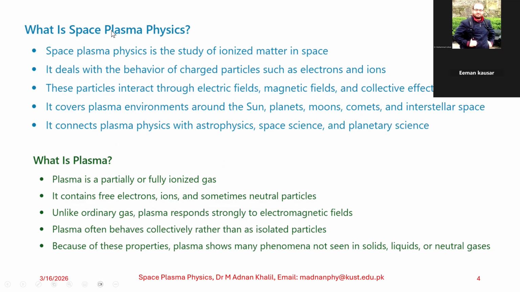Now, space plasma physics covers the plasma environment around the sun, the planets, moon, comets, and interstellar space. As I told you in the first bullet, in these areas of our space we will be talking about plasma and the particle dynamics. Now, it connects plasma physics with astrophysics, space science, and planetary science.